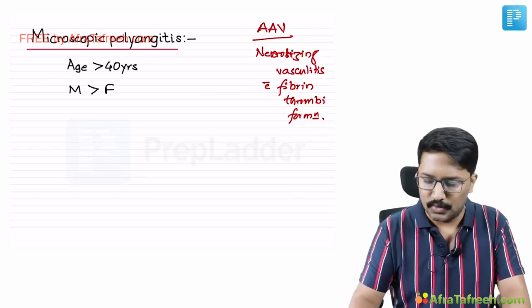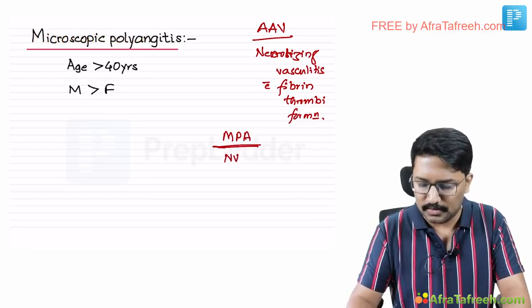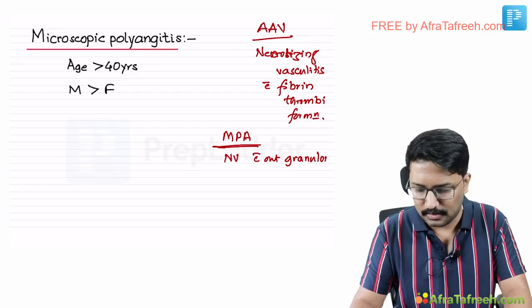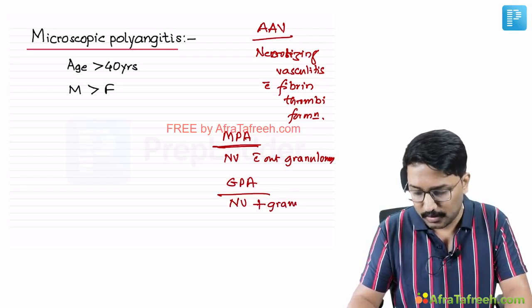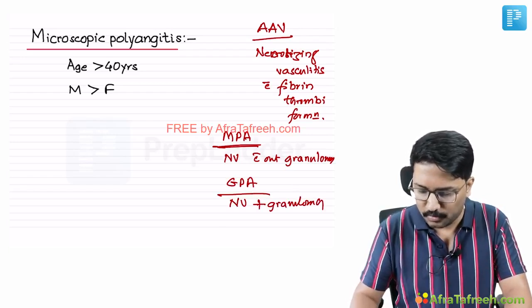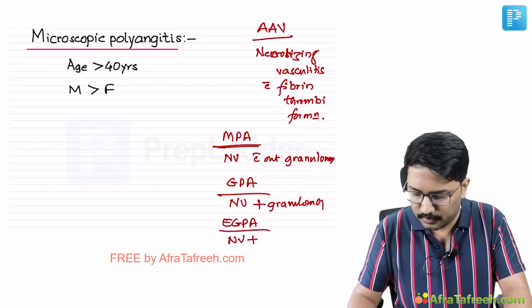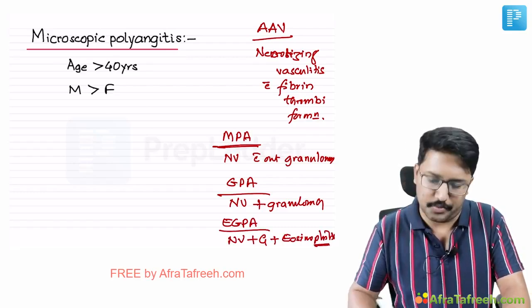So microscopic polyangiitis means necrotizing vasculitis without granuloma formation. GPA is necrotizing vasculitis plus granuloma formation. EGPA is necrotizing vasculitis plus granuloma plus eosinophilia, right?